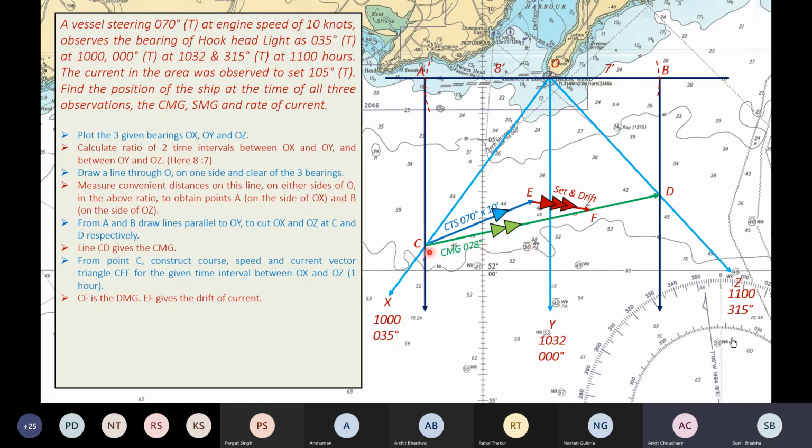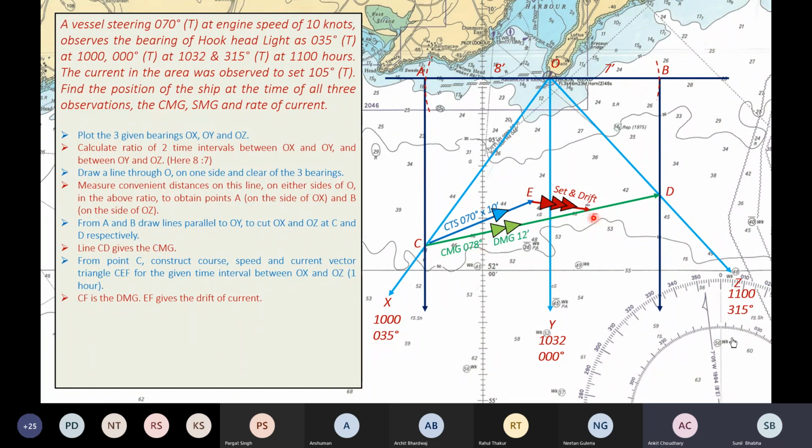Now, if you look at the third side of the triangle, the third side is CF. The third side of the triangle represents the course made good and the distance made good by the vessel in the same duration, that is, 1 hour.